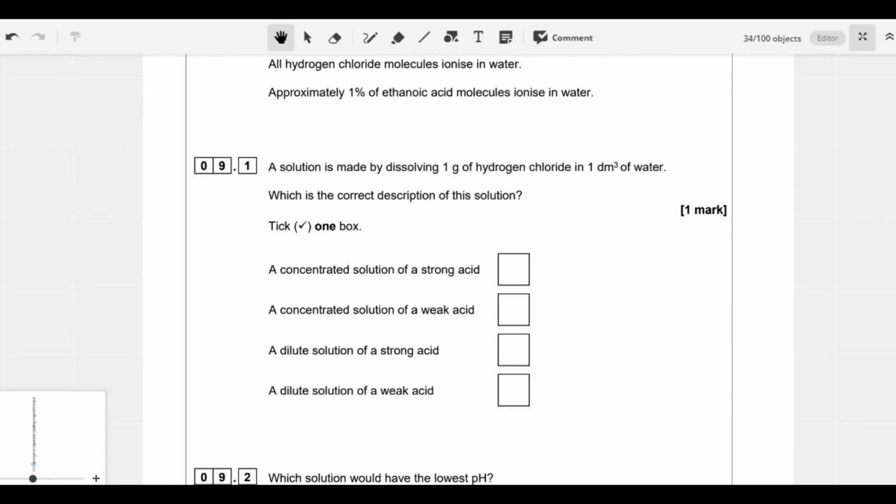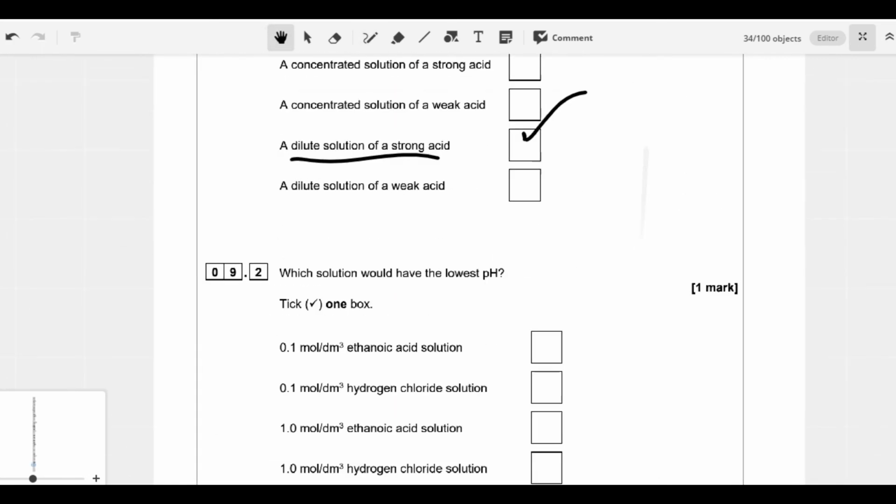The information is, a solution is made by dissolving 1 gram of HCl in 1 decimeter cube of water. As you know, HCl is a strong acid, and you need to find whether it is concentrated or dilute. There is only 1 gram in 1 decimeter cube, so it is a dilute solution of a strong acid.